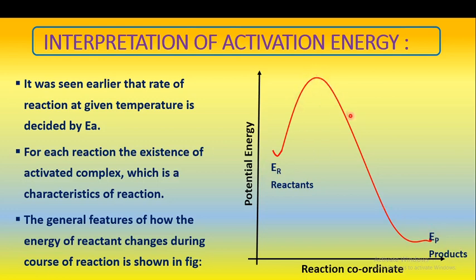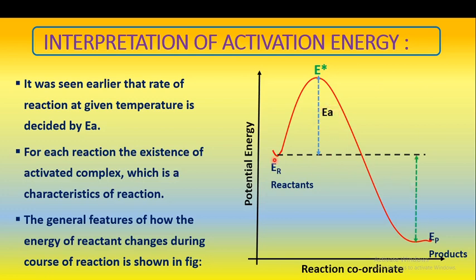This is the maximum potential energy, and this is the formation of E star. E star is called the activated complex, and the difference of this barrier, this level, is called the activation energy.